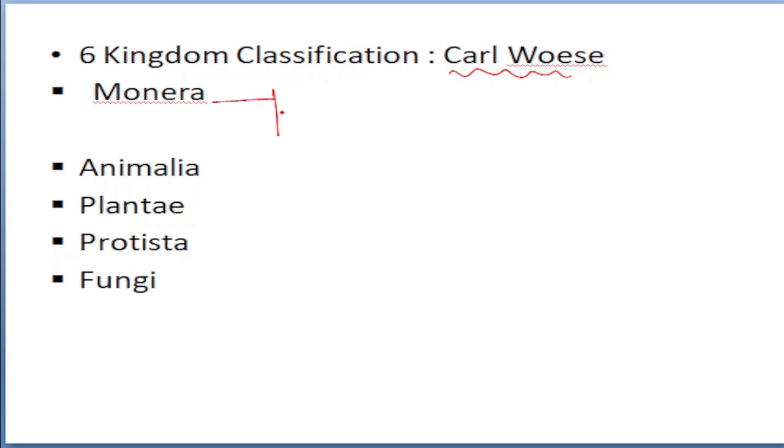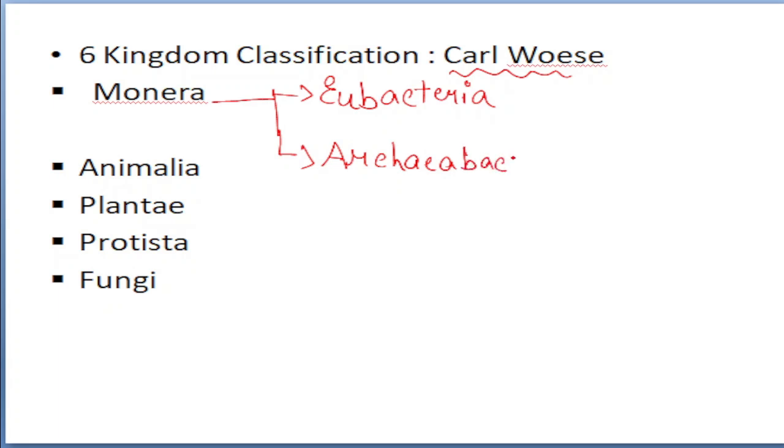Now he classified the Monera into two types, that is Eubacteria and Archaebacteria.